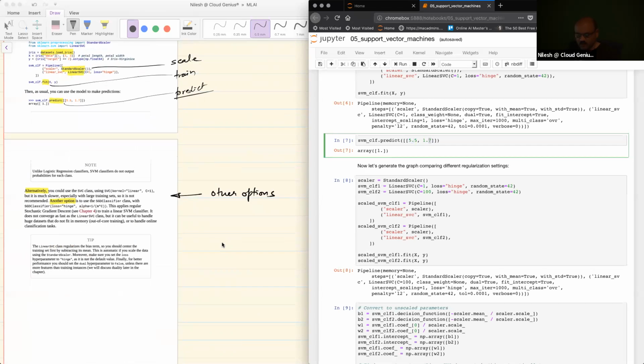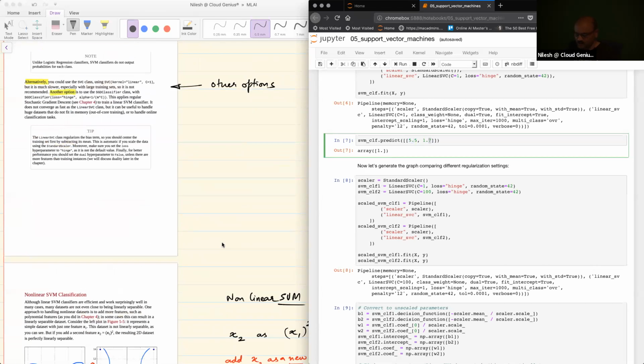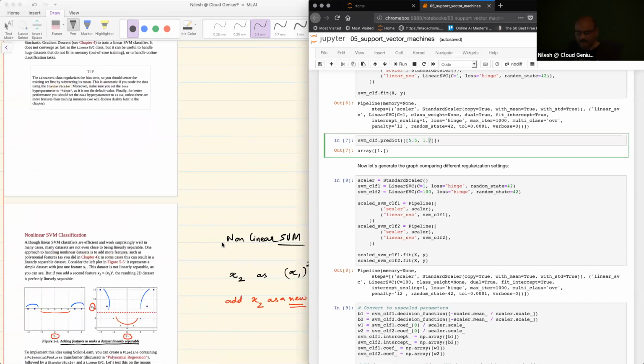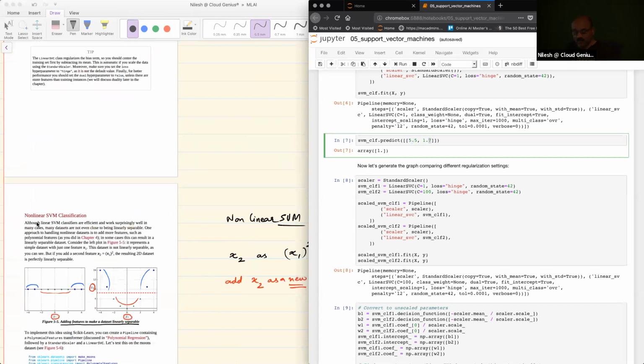And there are some other options in terms of regularization. It doesn't actually describe them in this segment. I think this regularization idea is better handled when we are dealing with polynomial scenarios, basically nonlinear scenarios. That is almost coming up right there. So we have nonlinear SVM classifiers.